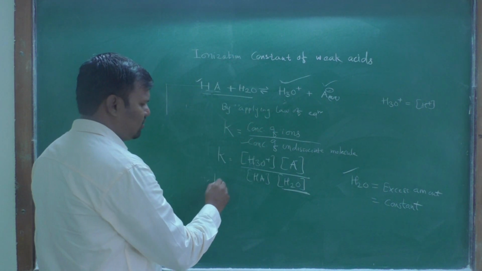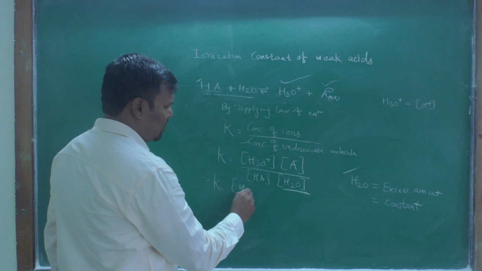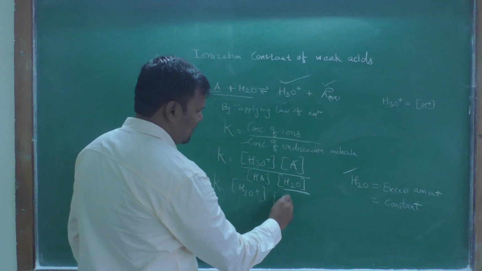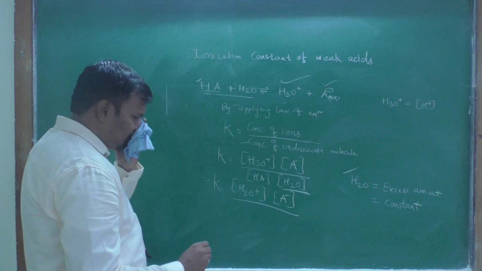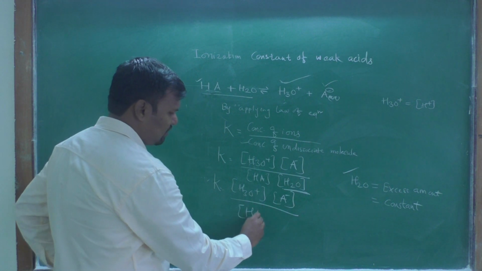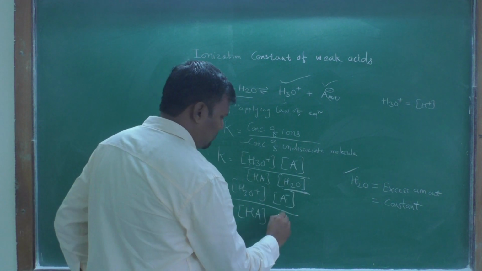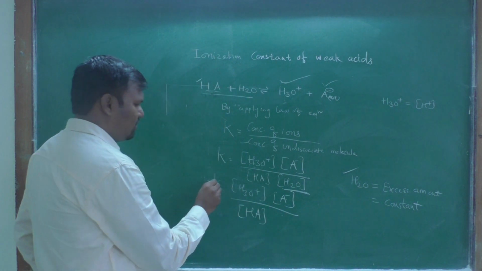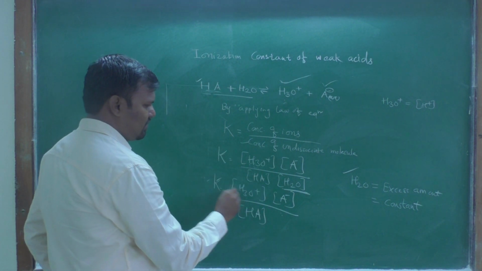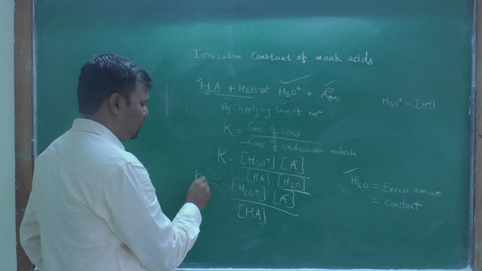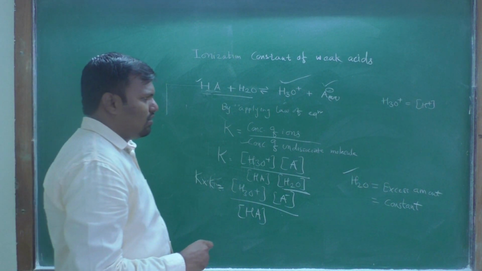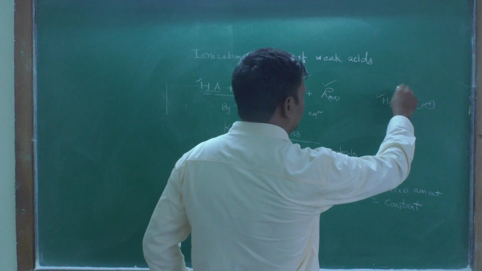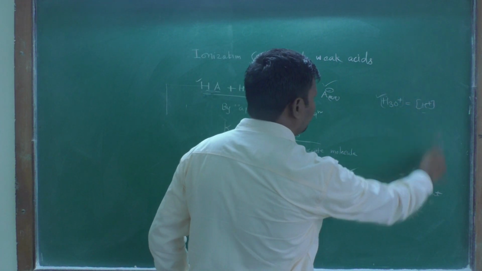Therefore K is equal to H3O plus times A minus upon HA, and the constant, water, we have taken to this side. This K is small k, so small k into K. Now we said that the concentration of H3O plus is nothing but H plus.